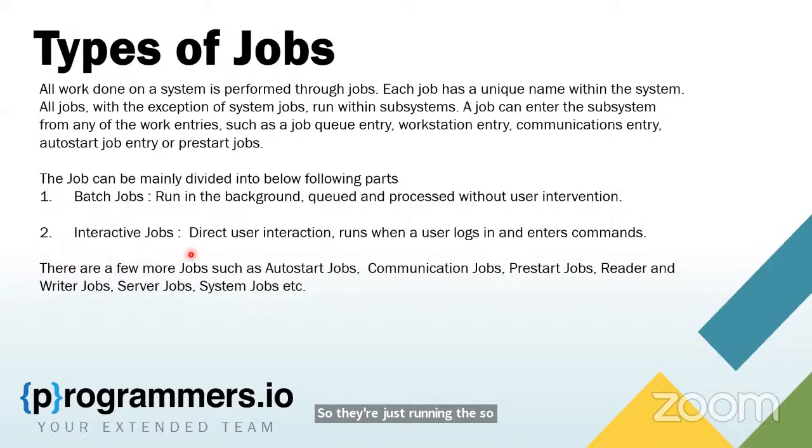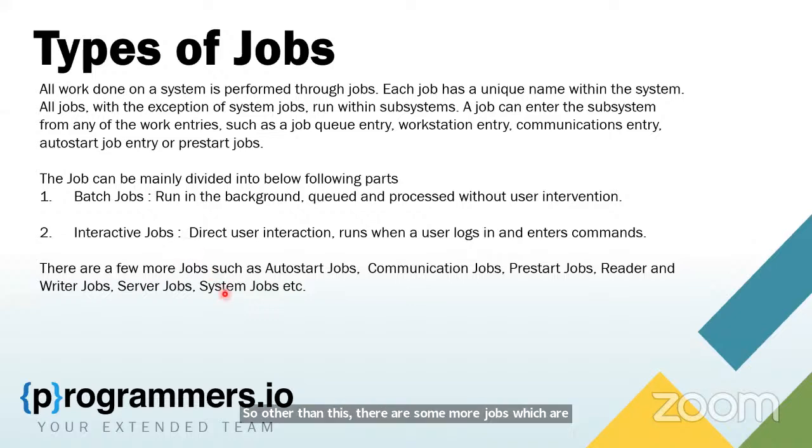The other type is the interactive job, where a user logs in and enters some data on the screen, or enters some commands and expects an output, or runs a query to see some calculations, those kinds of things. These are the interactive jobs. Other than this, there are some more jobs which are called auto start jobs.